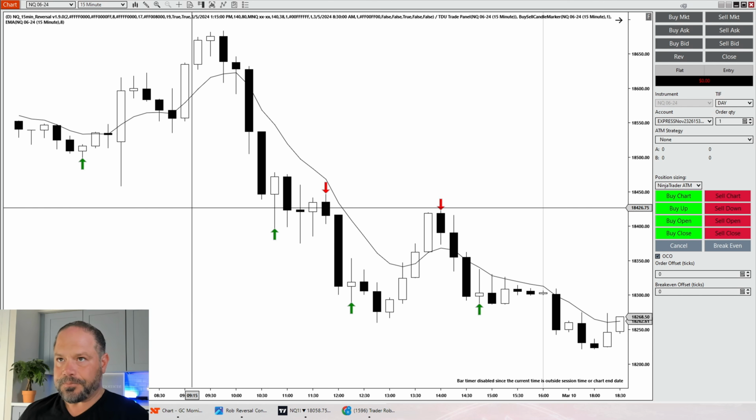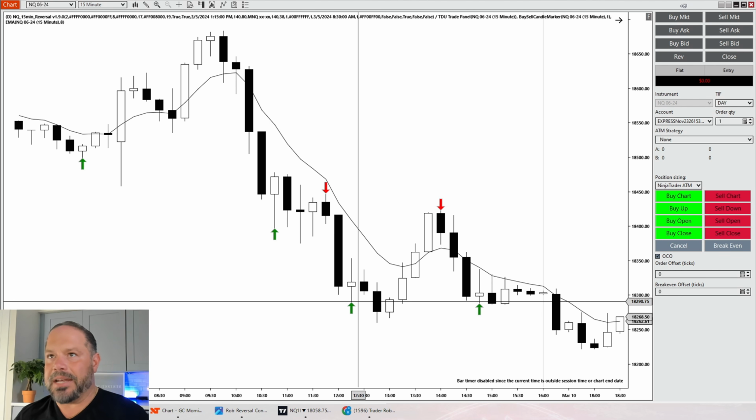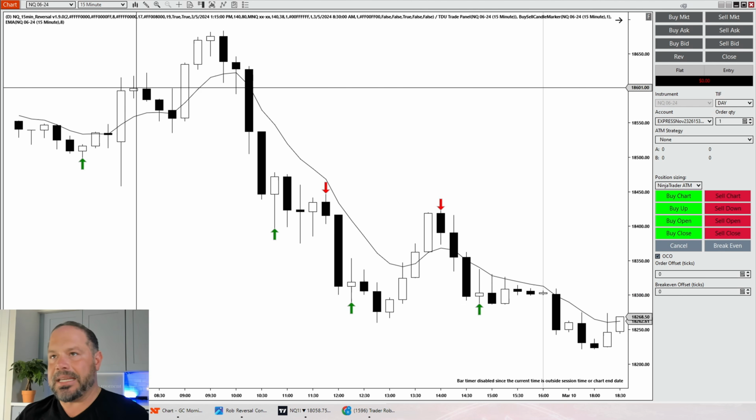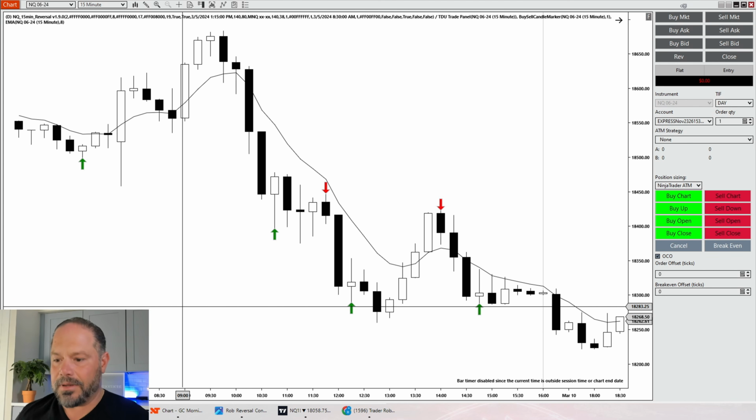But to be honest with you, once I started trading this for about 3-4 weeks, I can look at a naked chart on a 15-minute time frame on the NQ, and I can just spot these setups instantly. They stand out very strongly.